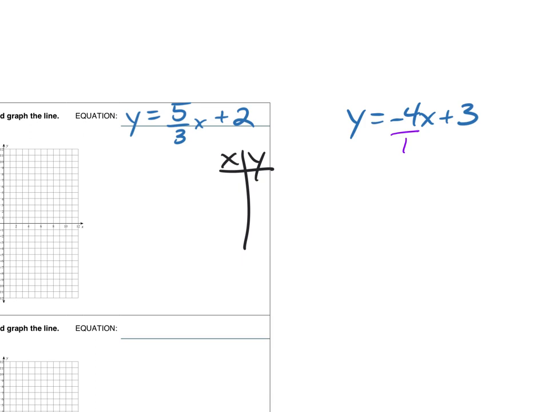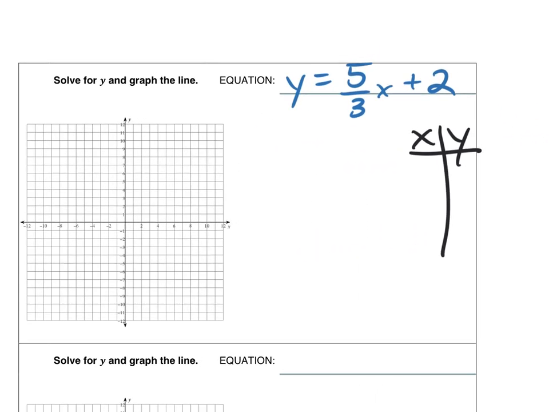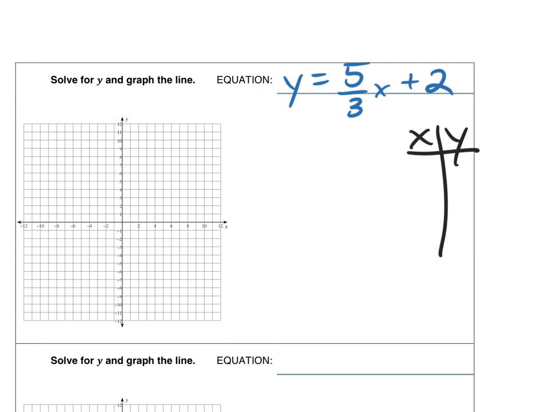So 1 and -1, and then 0. We're going to do a similar thing here, where we are using the denominator of the slope and its opposite. So in this case, the denominator here is 3. I'm going to use -3, 0, 3.